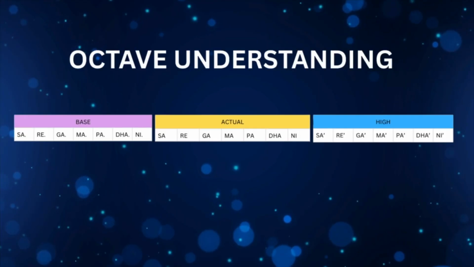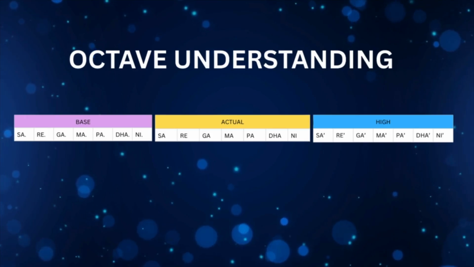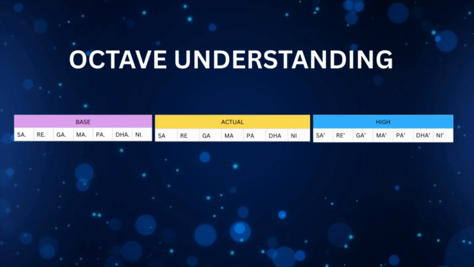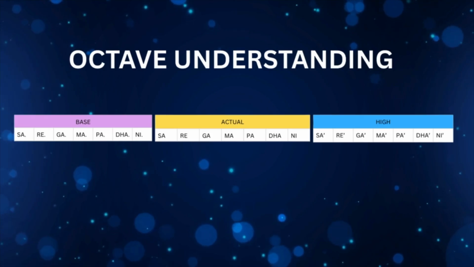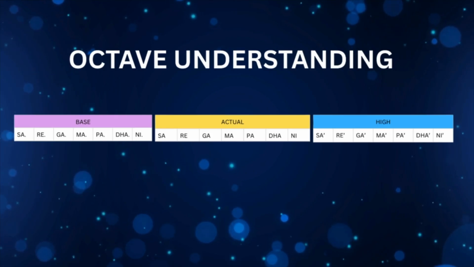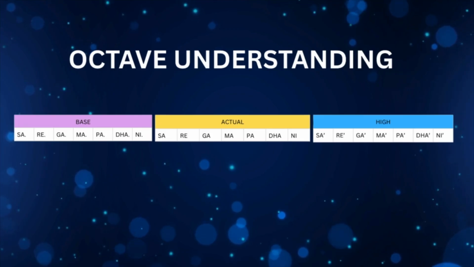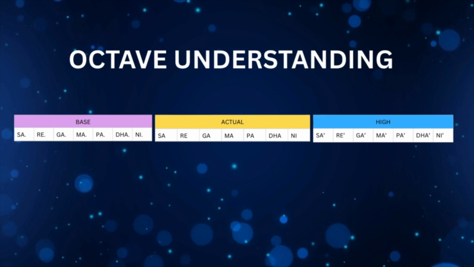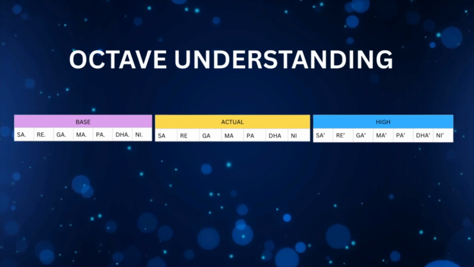These are the swaras present in a saptak, or Sa Re Ga Ma Pa Dha Ni Sa in an octave. Now, if I say Pa Dha Ni, you always remember there is Sa Re Ga Ma there. The bass means the previous octave of the actual octave.